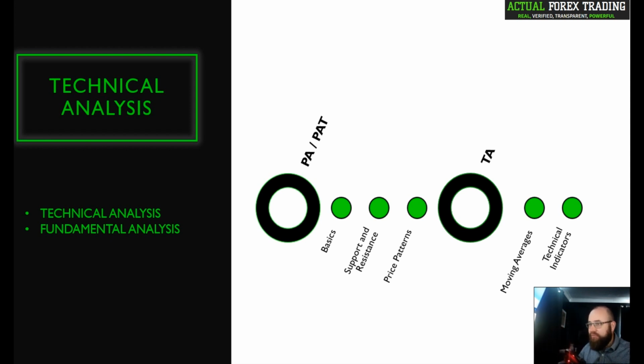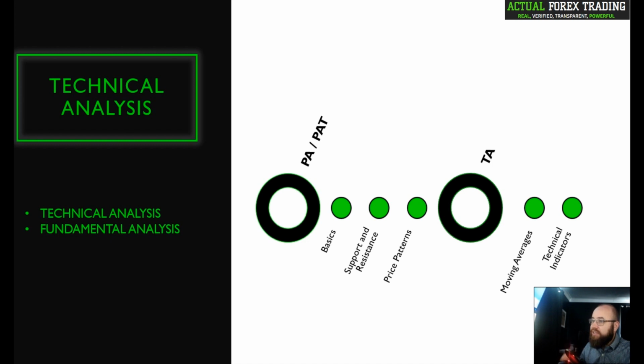To make money from Forex, you need to know what the future price of a currency pair is going to be. To do that, you can use technical analysis, fundamental analysis, or both. The most successful traders use a bit of both, and I tend to use a bit of both as well. I do lean a bit more on the technical side of things, but I do use both technical and fundamental analysis to trade the currency markets, the Forex markets.